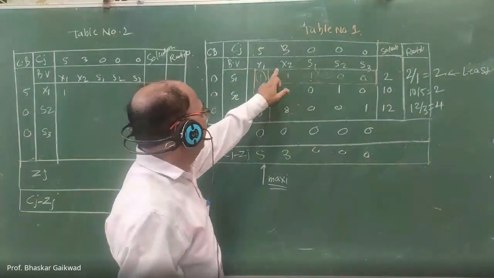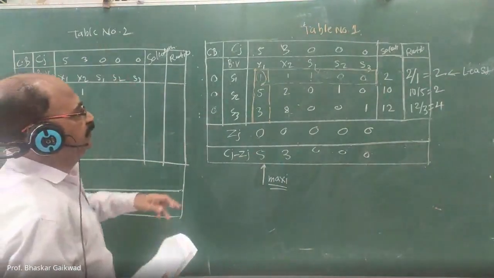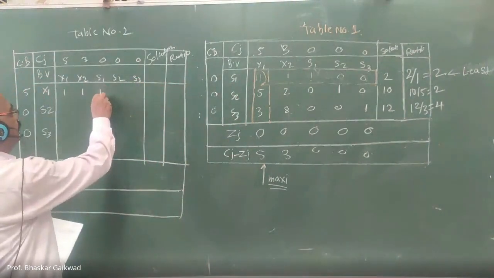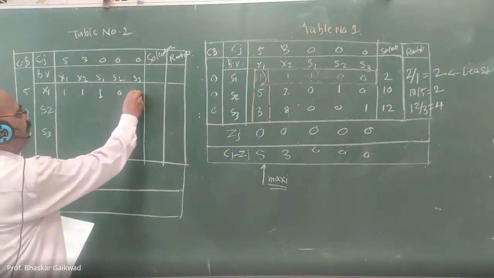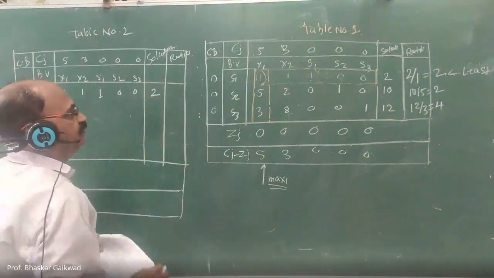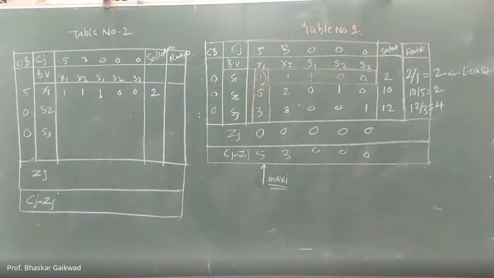Here 1 divided by key element, answer is 1. 0 divided by 1. In that row you have to divide by key element, you will get the x1. Correct?